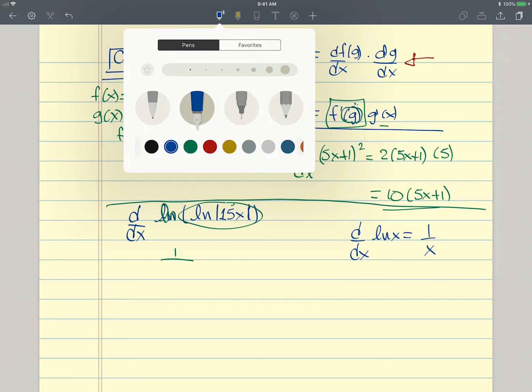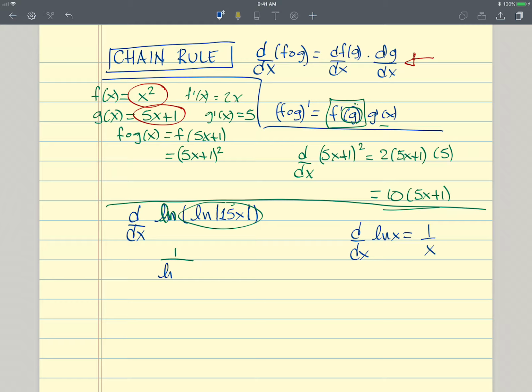So I copy that down here. And then I have to multiply it by the derivative of the inside function, which is again the natural log of 15x, with 15x inside the absolute value.